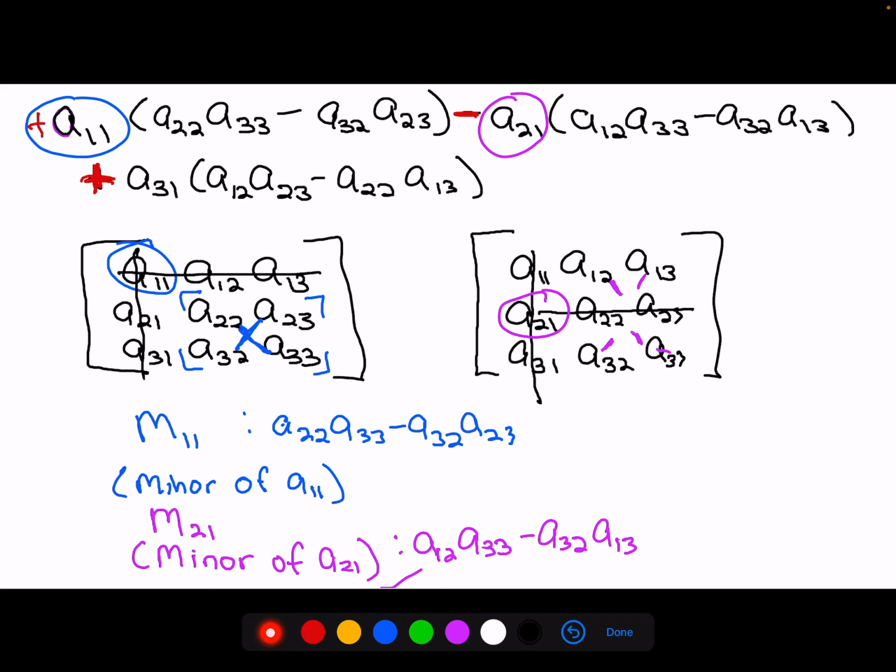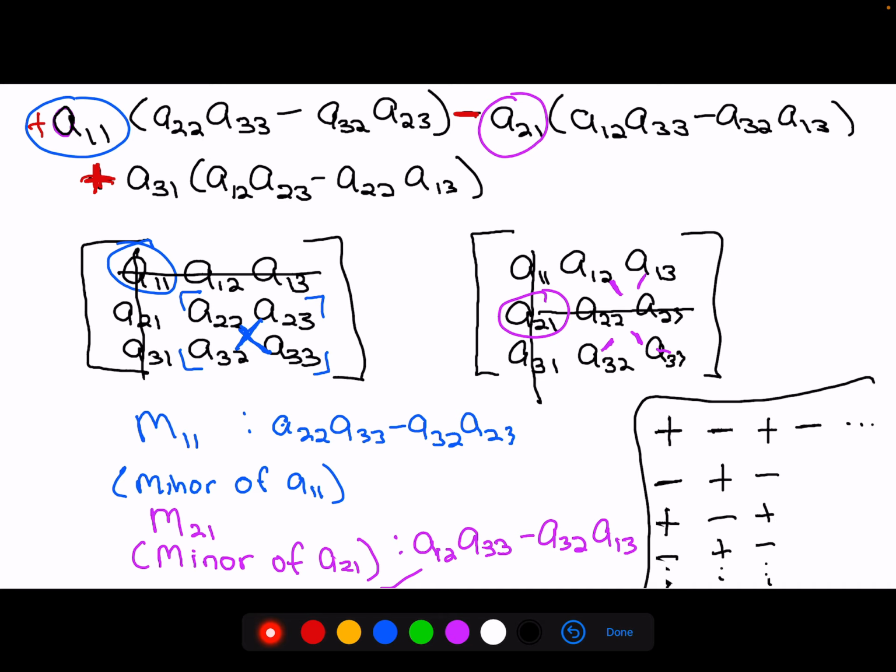And in fact, in all of these matrices, there's a pattern to the symbols. The upper left, that A11, is always plus, and then it always alternates after that, no matter which way you go. So keeping track of your symbols, positive or negative, is going to be important too.